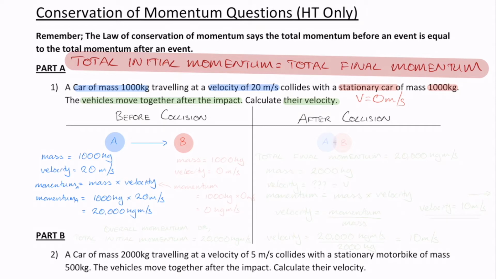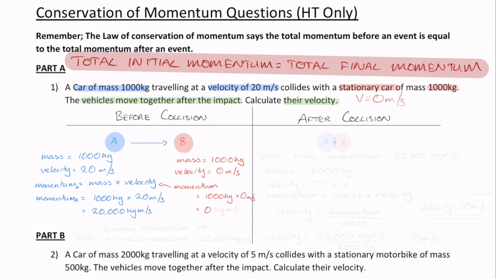Now let's look at B. B, on the other hand, has a mass of 1,000 kilograms. However, it has a velocity of 0 meters per second as it's stationary. So its momentum, as we saw before, momentum is equal to mass times velocity, which is 1,000 kilograms times 0 meters per second.